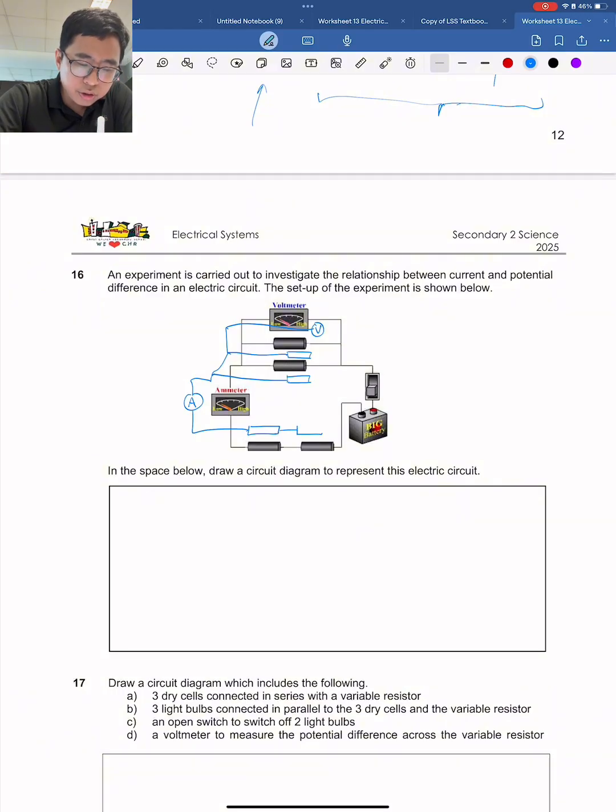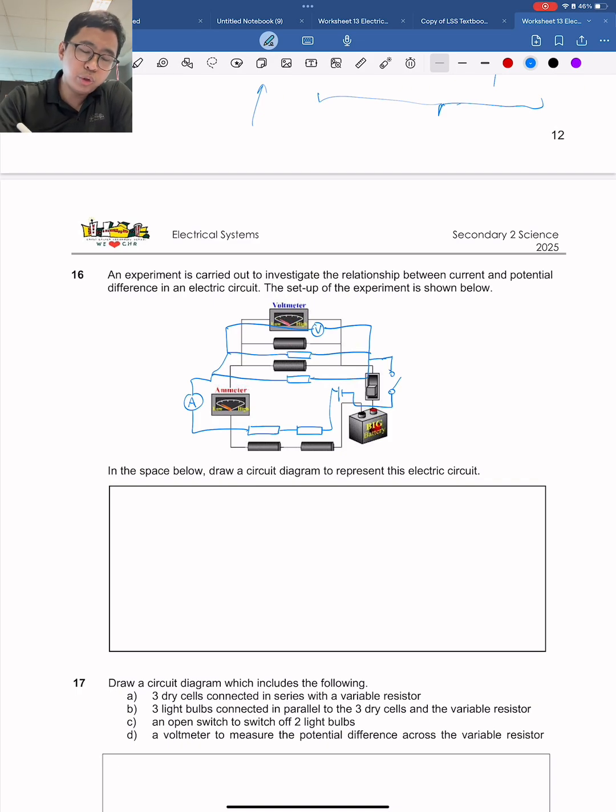You have another resistor here. Here you have your cell. Here you have a switch. And here we are connecting everything together.